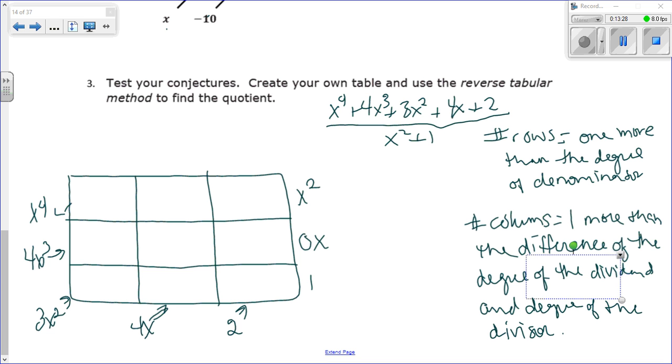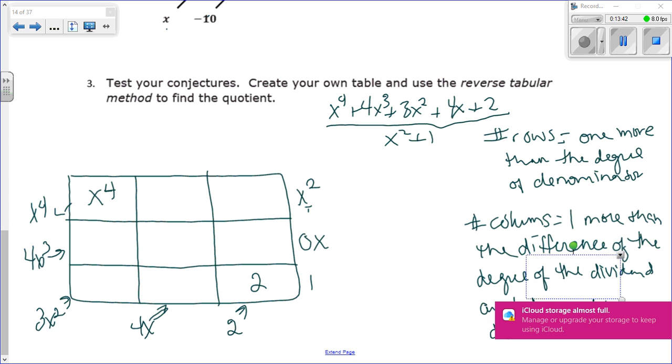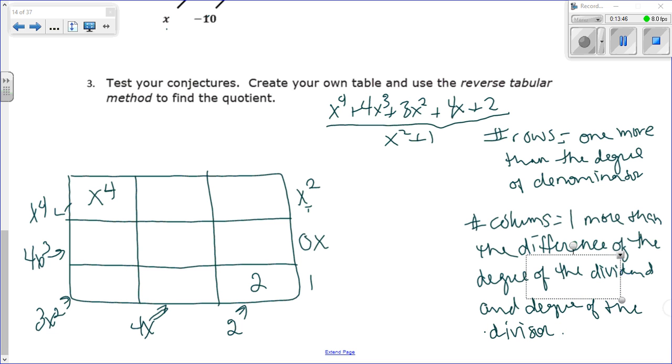So then I need to go back and do my division. My top left is x to the 4th. The bottom right is 2. So I'm going to go over here. X squared. Sorry about that. When I multiply x squared by to get x to the 4th, that would be x squared. So x squared times 0x is 0x cubed.